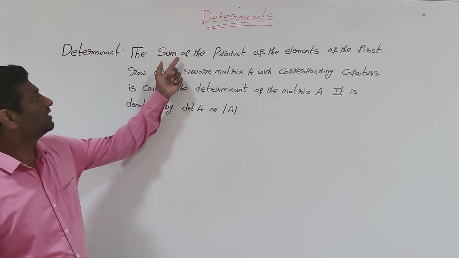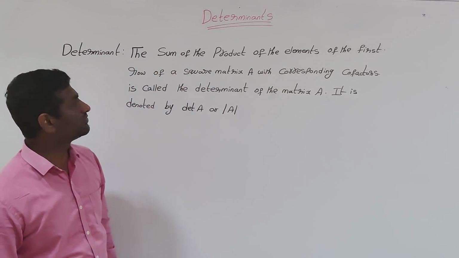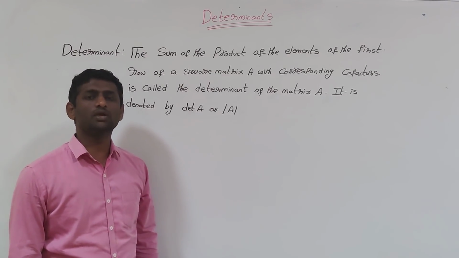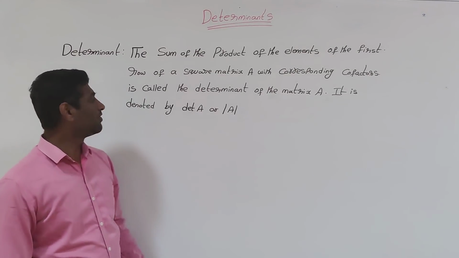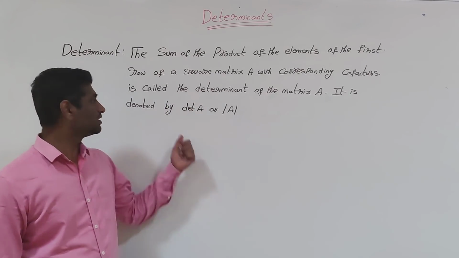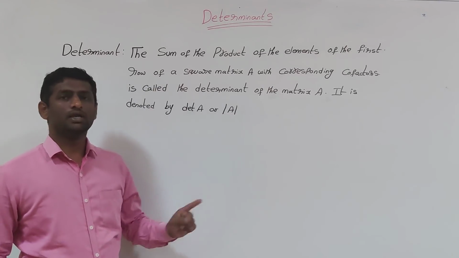The sum of the product of the elements of the first row of a square matrix A with the corresponding cofactors is called the determinant of the matrix A. It is denoted by det A, or by A within two vertical lines.